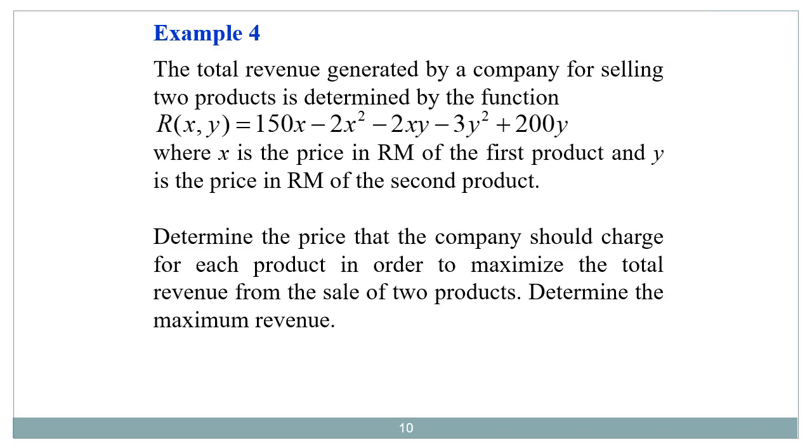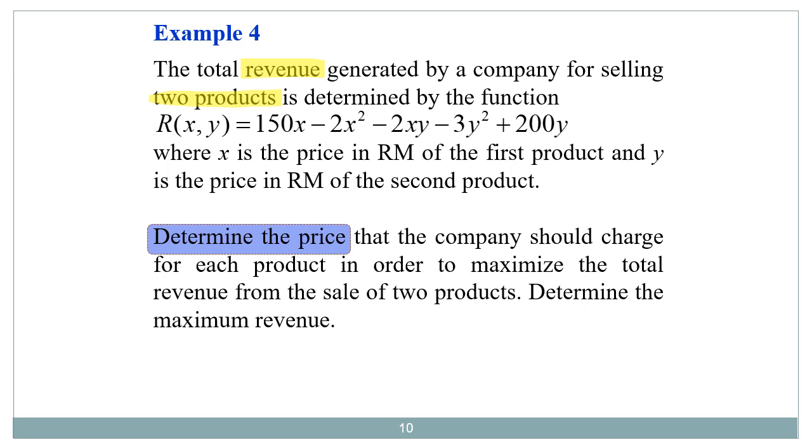Okay, so now let's continue with the application of this subtopic, which is we are going to apply in economics and business. So example 4. This is the situation represented by the function. The total revenue generated by a company for selling 2 products. So now it's not only one product, but we have the total revenue for 2 products.